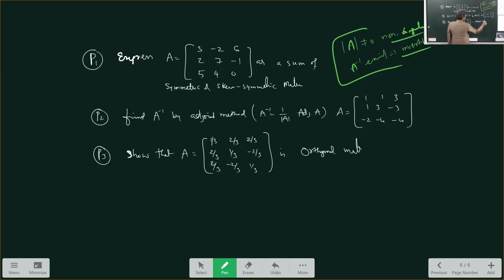So you need to prove that A into A transpose is equal to I, and A transpose into A is equal to I. You need to prove both. Okay.